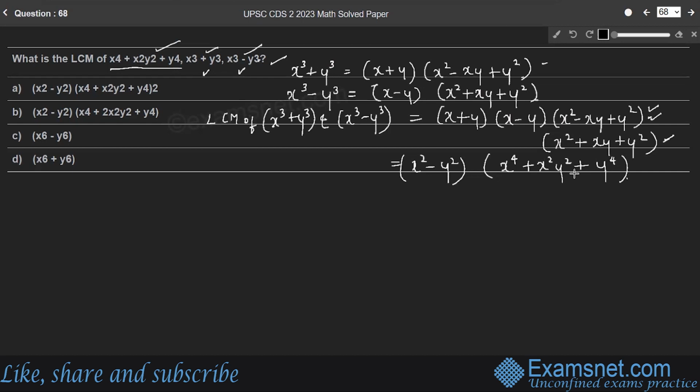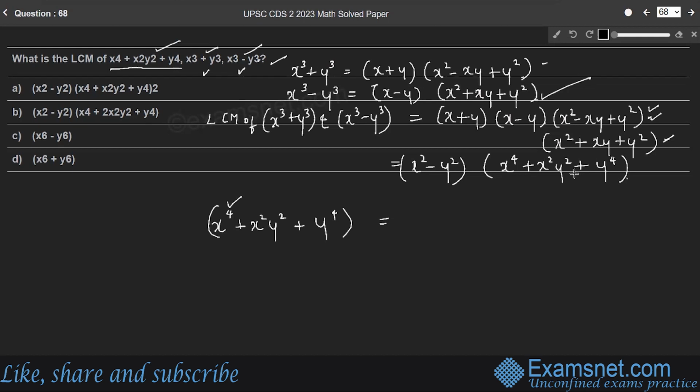Whereas the first expression, x raised to 4 plus x square y square plus y raised to 4, can be expressed using the second formula, x cube minus y cube equals x minus y into x square plus xy plus y square.